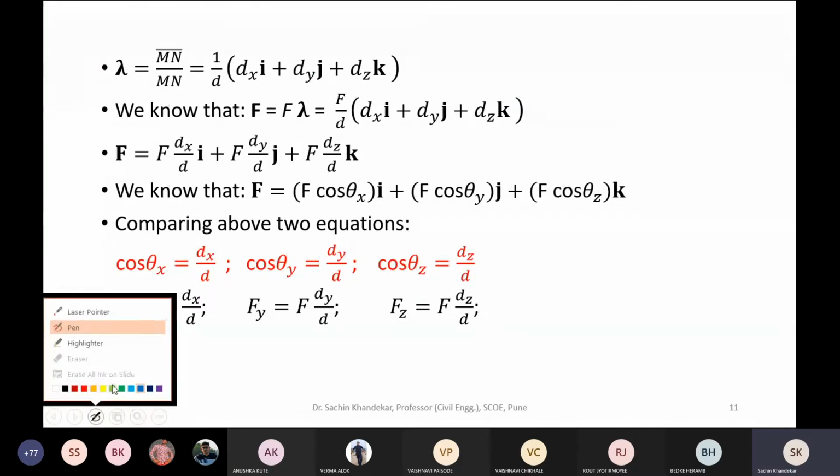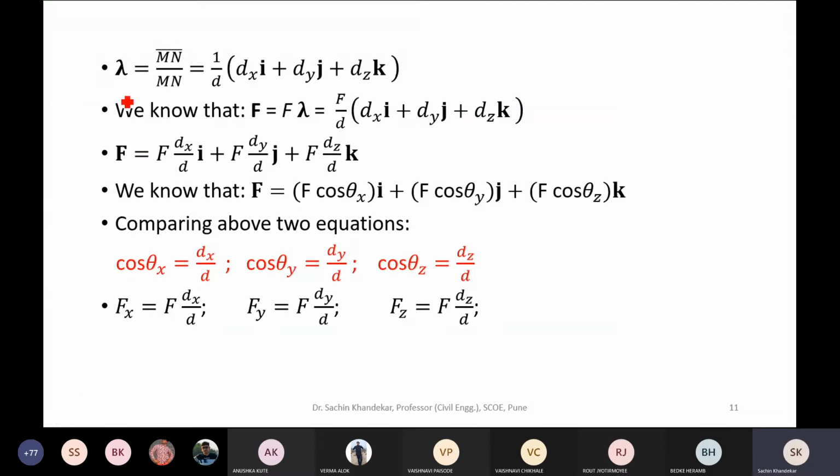Now again, here I am defining lambda as a unit vector. How is it defined? As any vector divided by its magnitude. Here I am defining this unit vector as the line vector MN bar divided by its magnitude.